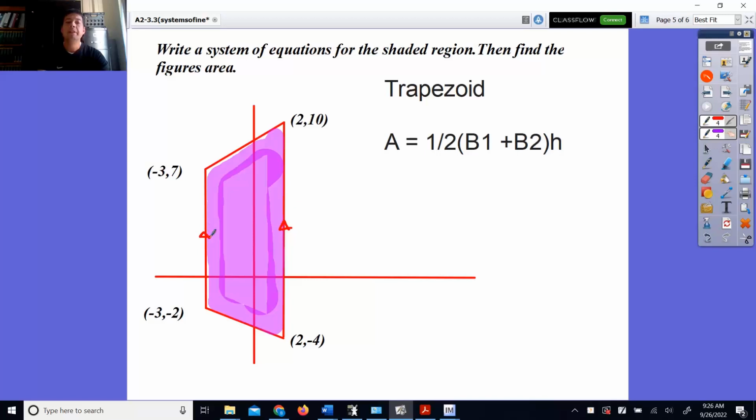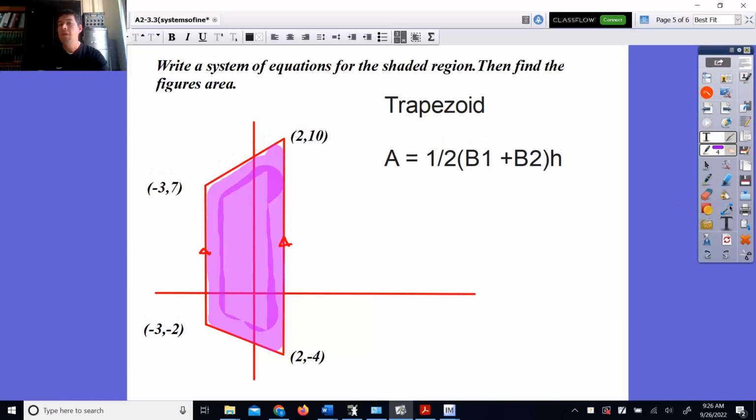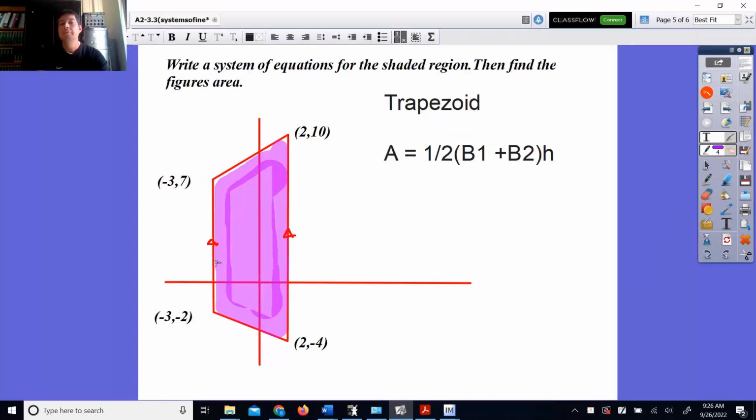I don't know why you're thinking you can plug in -3, -2. They're lengths. These are your bases, base 1 and base 2. That's base 1, that's base 2, or vice versa. It doesn't matter which one's which. Those are countable things. They are straight.